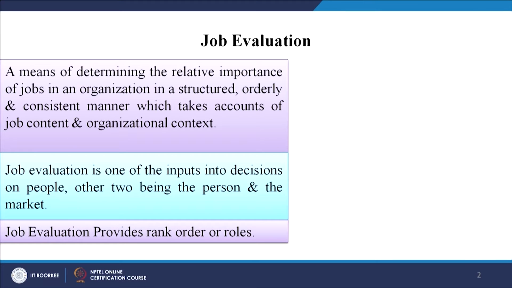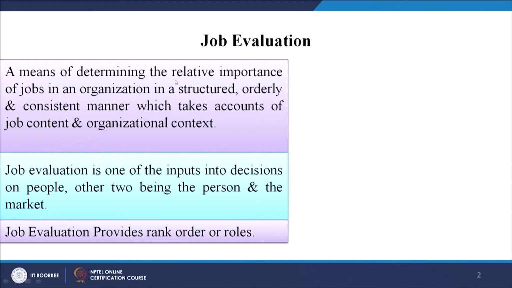It is a means of determining the relative importance of a job in an organization. Like in the manufacturing industry, production becomes a very important job. In the hotel industry, the chef's job becomes very important.